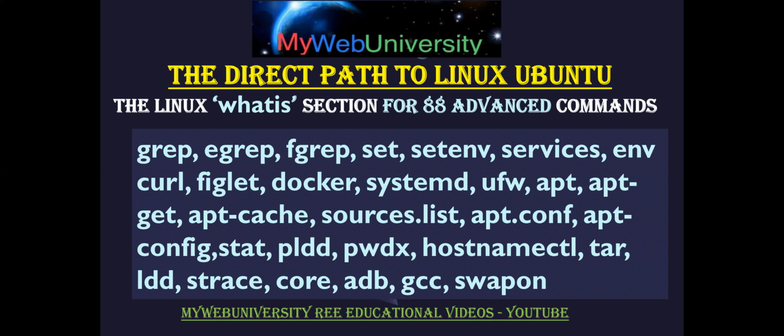Curl is like wget. figlet, docker, systemd, ufw, which is Ubuntu's uncomplicated firewall. apt for package managing software for Ubuntu, apt-get, apt-cache, sources.list, apt.conf, apt-config, stat, pldd, pwdx, hostnamectl, tar for tape archiving, ldd, strace, core, gdb, gcc, swapon.